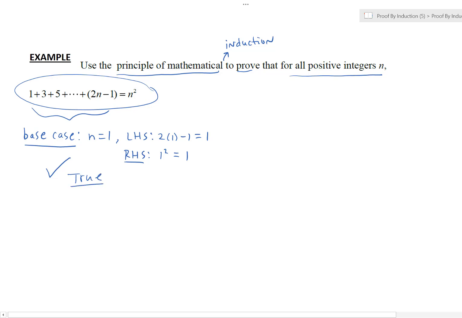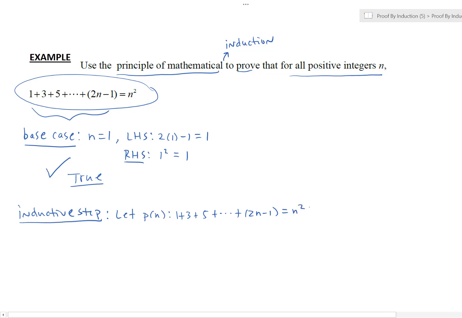All right. That means we got to now do the inductive step. Inductive step, which means now that the base case is true, we're going to assume it's true for really any positive integer n. So let's first of all say something like, how about let's let p of n be the statement 1 plus 3 plus 5 plus all the way down to 2n minus 1.